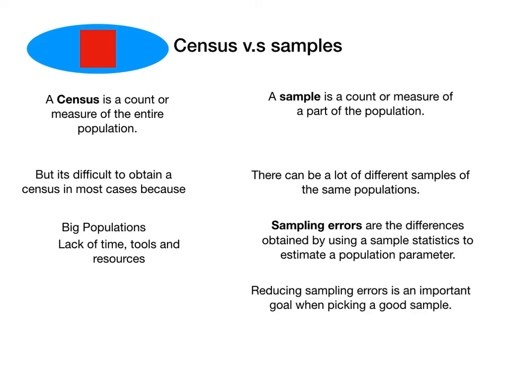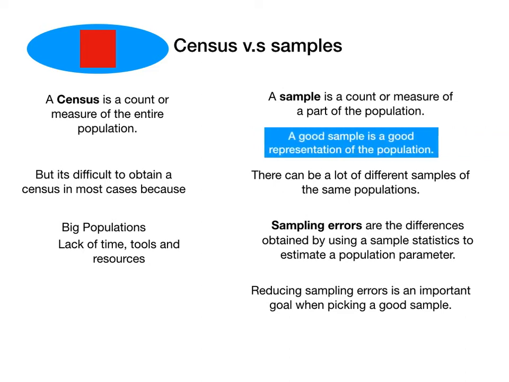So when you're collecting a good sample, one of the important goals is to reduce sampling errors. The smaller the sampling errors, the better the results for your study. That makes a good sample a good representation of the population.